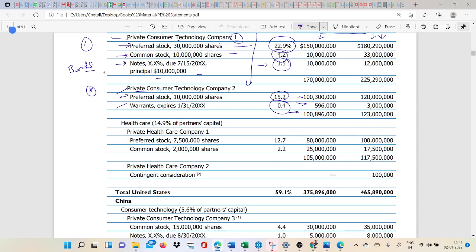Then the another company is from the healthcare domain. See this, the private healthcare company 1. Preference and common shares.